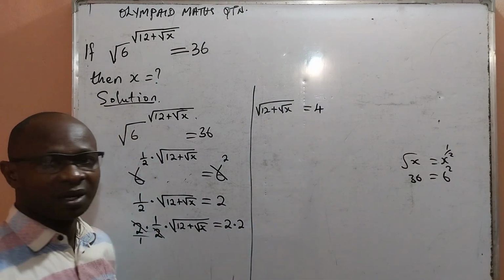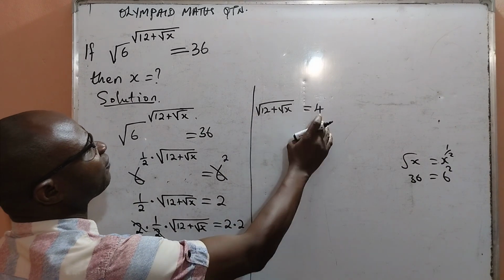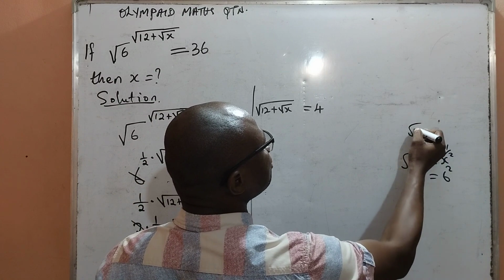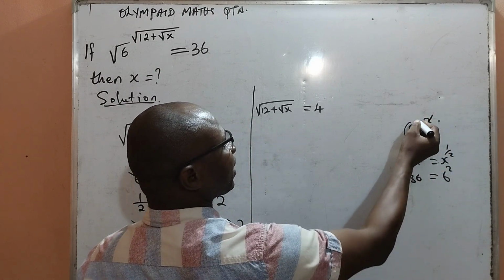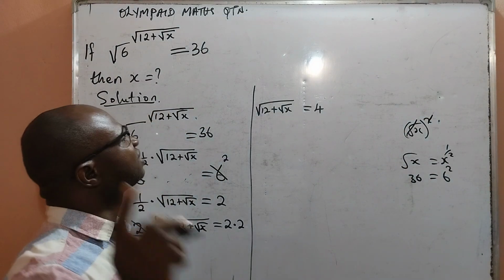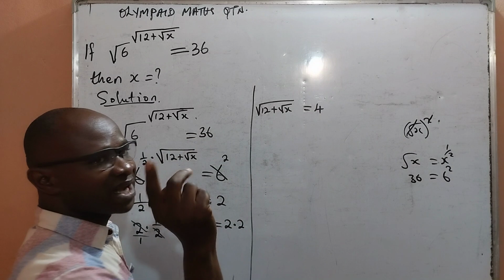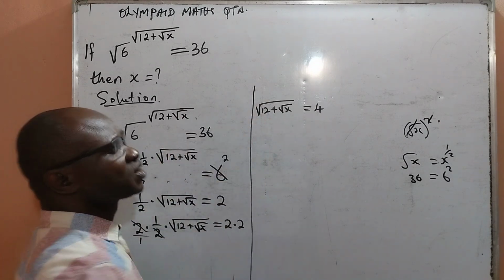The next thing that I will do is to take the square of both sides, because if I have the square root of x all squared, the square will cancel the square root. So the reason why I want to take the square of both sides is because I want to cancel out the big square root.